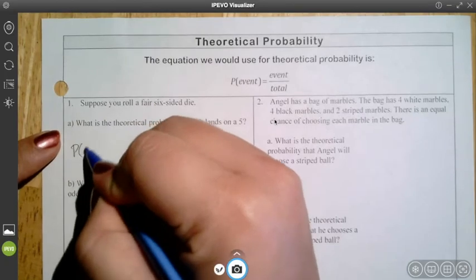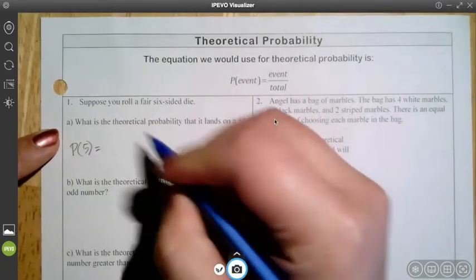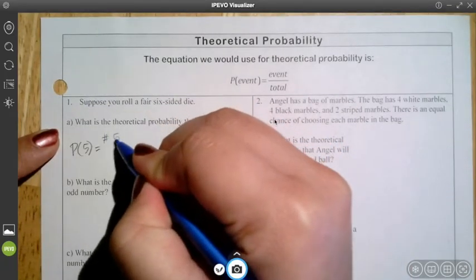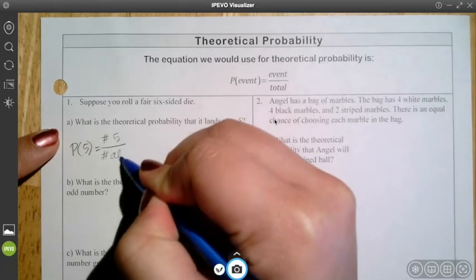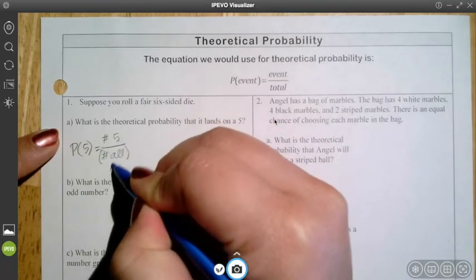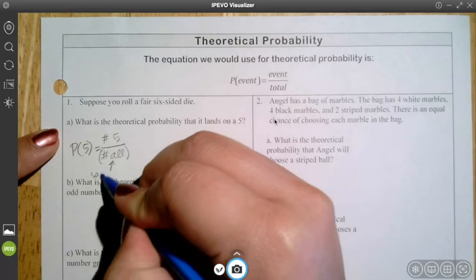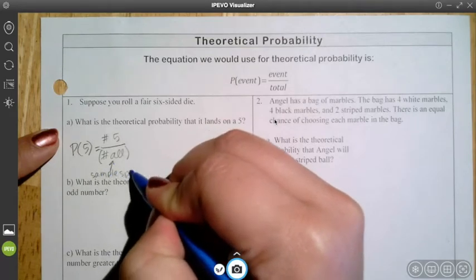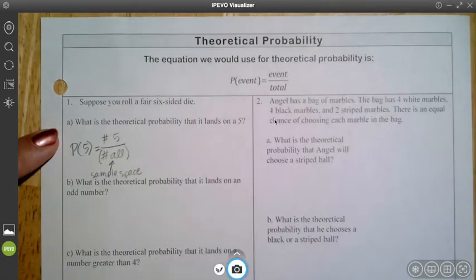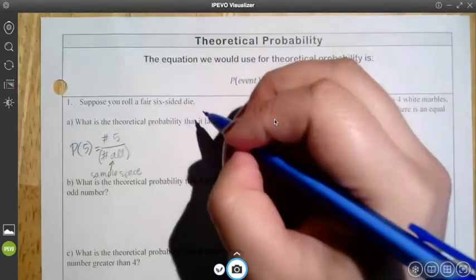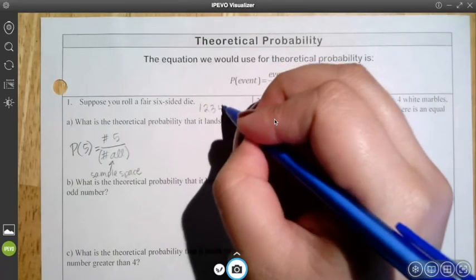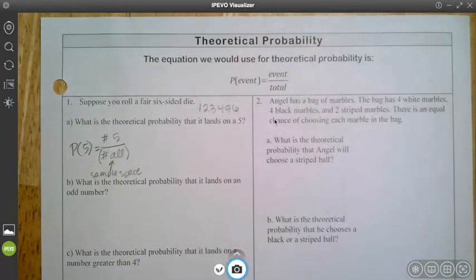So probability of 5 equals how many ways can we roll a 5, and what are our total possible outcomes? This is the sample space. So if I roll a die, what are my options? 1, 2, 3, 4, 5, or 6 are my options.